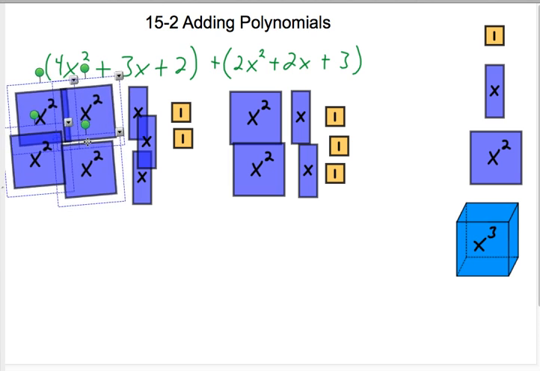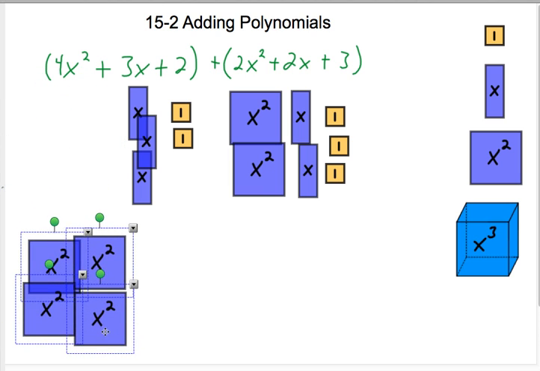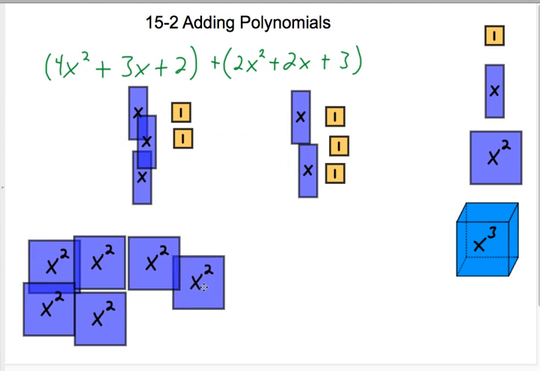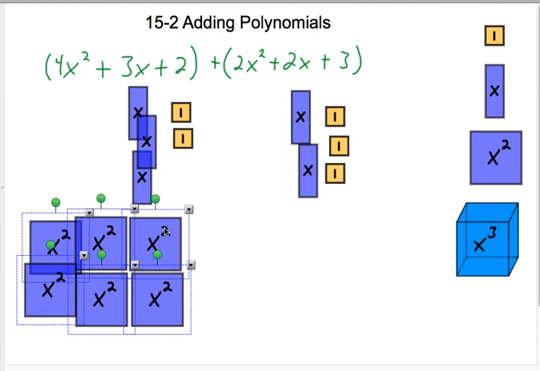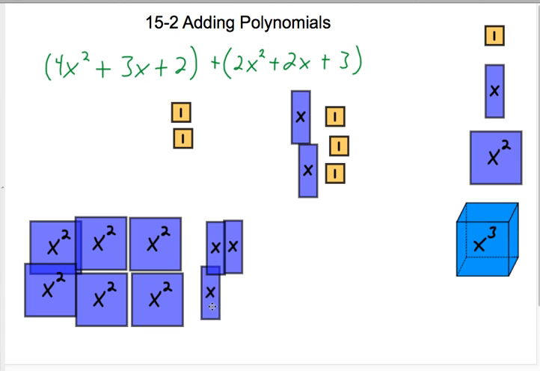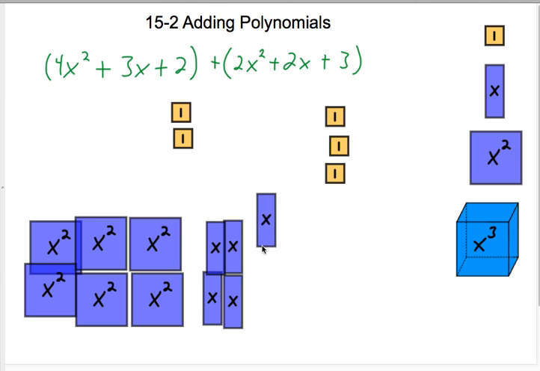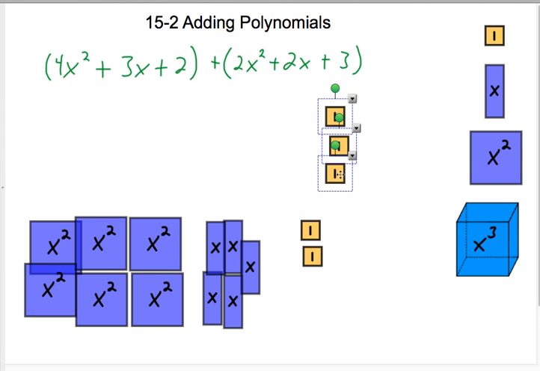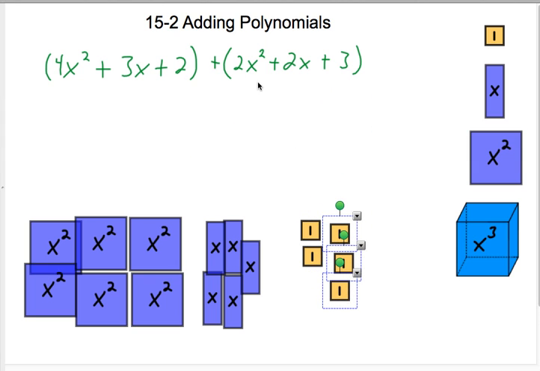So we have 6x squareds. And we have 5 x's, and then we have 5 1's. So the answer to our problem is going to be 6x squared plus 5x plus 5.